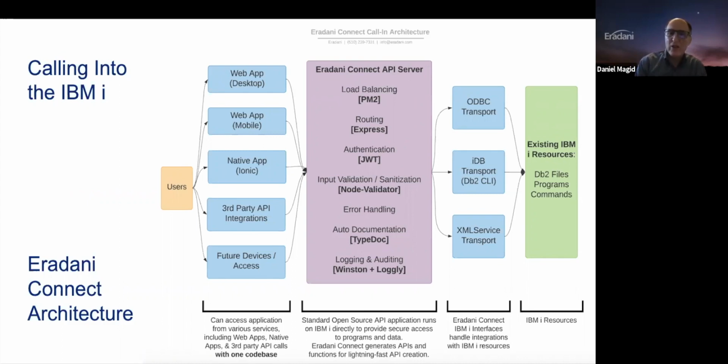It has all the error handling built in. It will document your APIs for you, generating API documentation that says here's how you call the API and here are the parameters it takes, and it does all of the logging. So it will handle all of that for the APIs that you build for your IBM i.